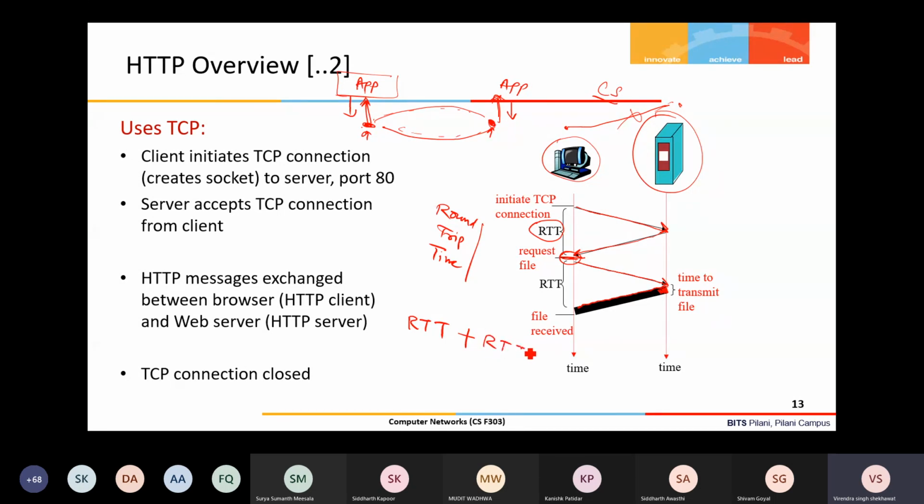One RTT plus this time, this black strip, is called the file transmission time. This will depend upon the bandwidth available between client and server and the size of the file. Suppose 10 Mbps is there and the file size is 10 megabits, it will take 1 second.